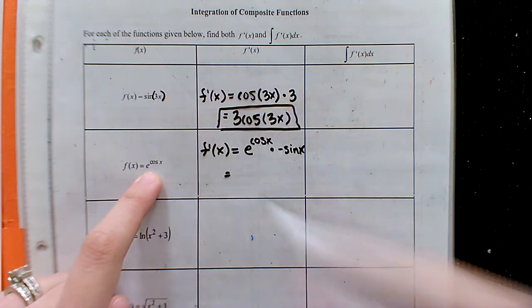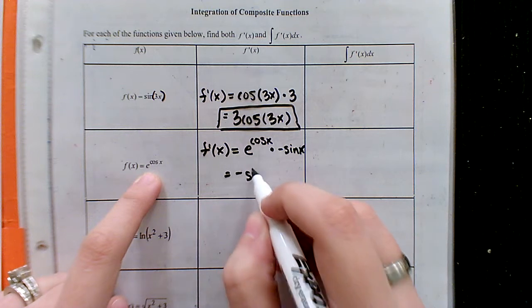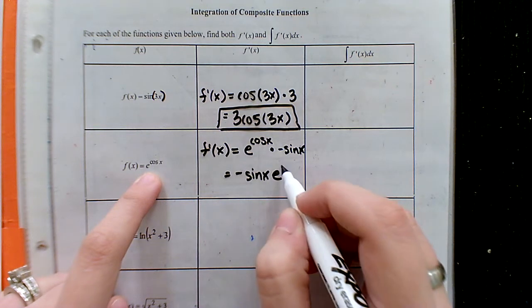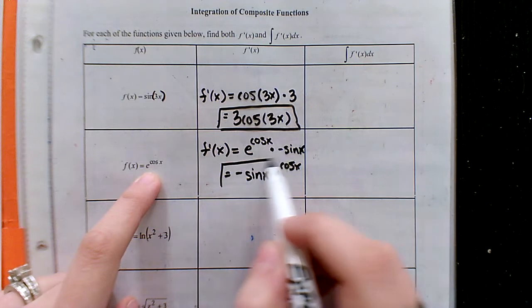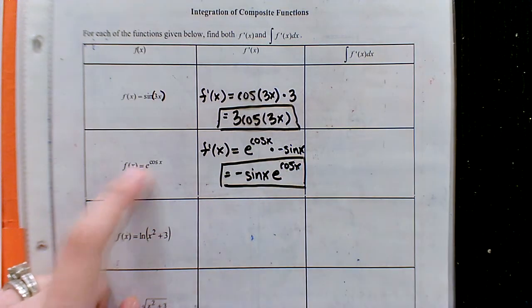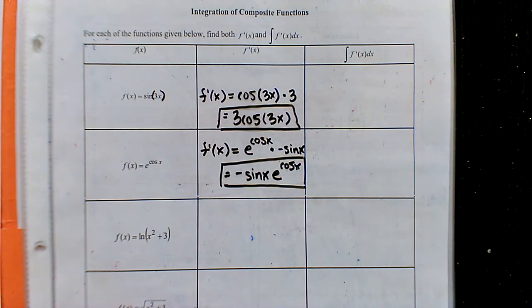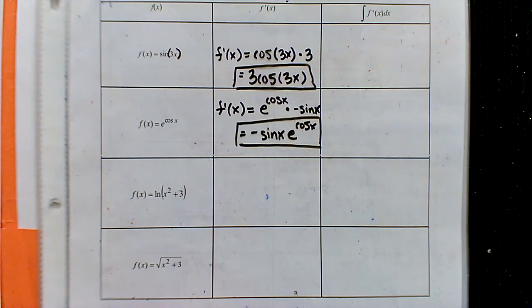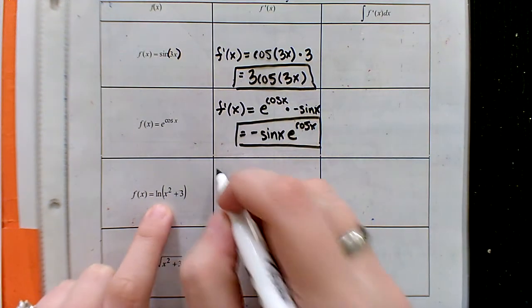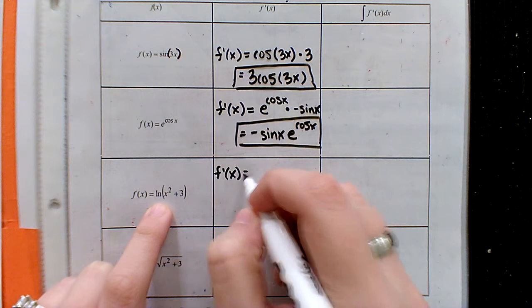Good. If you want to rearrange it, maybe we'll write negative sine of x out front, and then e to the cosine x. Doesn't really matter. Order doesn't matter when you multiply. All right. Well, how do we find the derivative of a natural log?